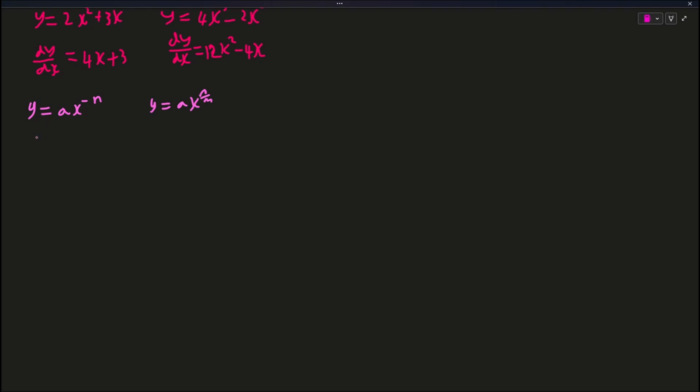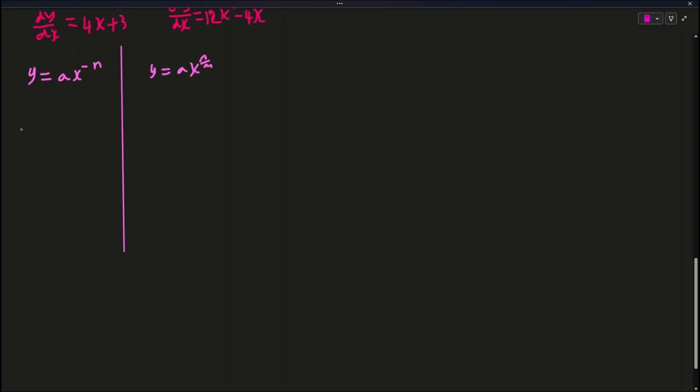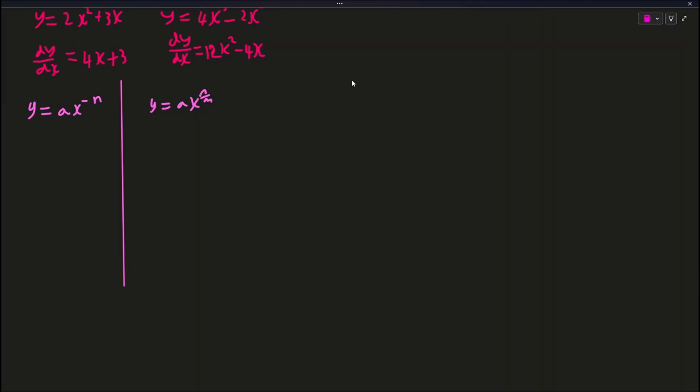So if you remember how powers work, right, and let's separate these two, in each case, this is the same as saying a over x to the n, right?